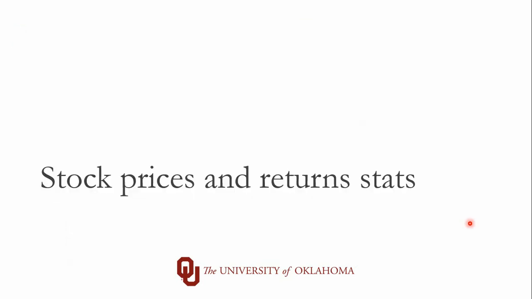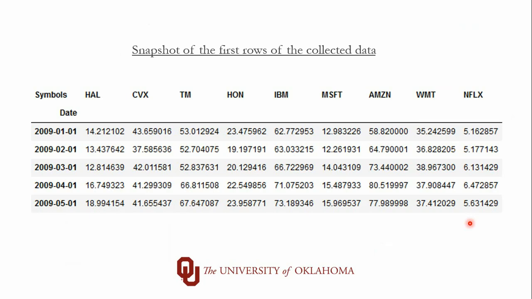So, stock prices and return statistics. This is a snapshot of the first 5 rows of data collected. It corresponds to the adjusted closing price of Halliburton, Chevron, Toyota, Honeywell, IBM, Microsoft, Amazon, Walmart, and Netflix. So, as you can see, we have stocks from companies in a variety of sectors.